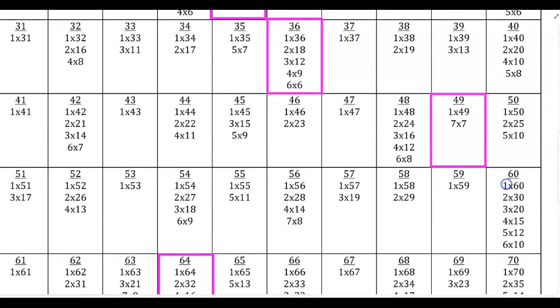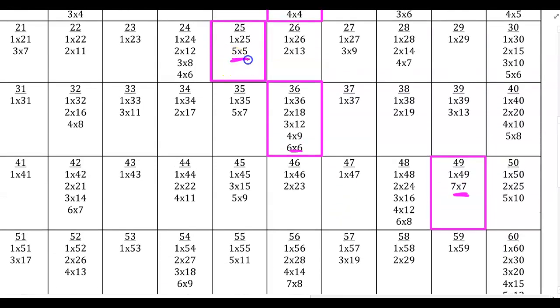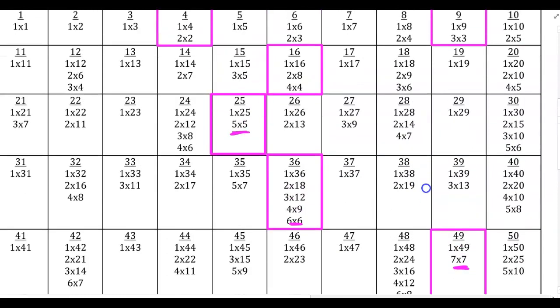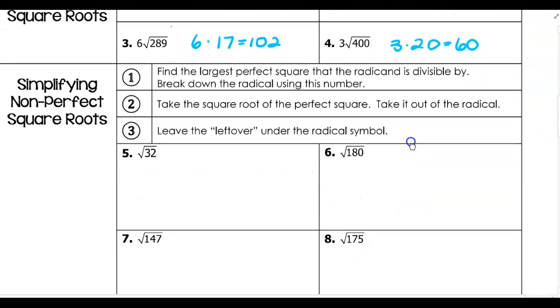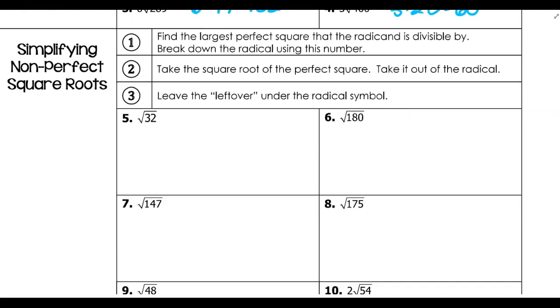You can see each one has a number times itself within the list of factors, and that's what makes it a perfect square. So it's a great additional spot to reference in addition to this set of notes, and those values are really going to come in handy when we start simplifying square roots in this section.